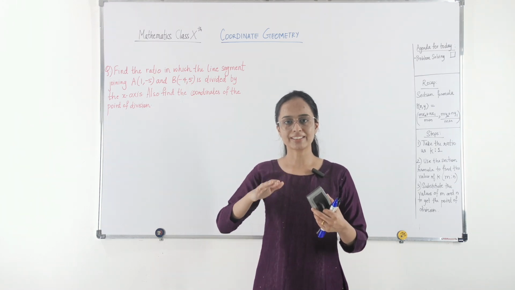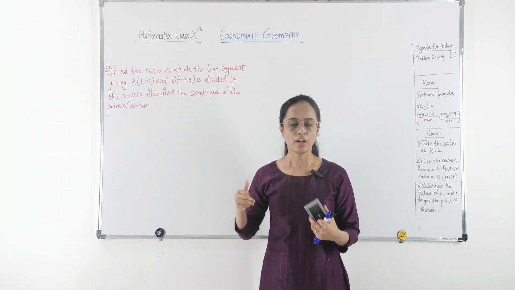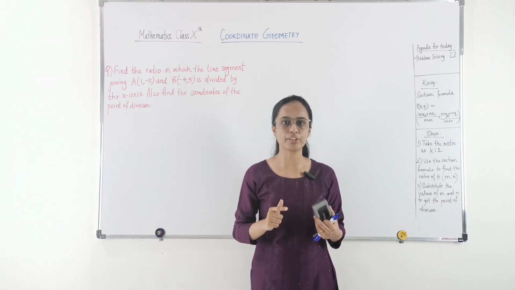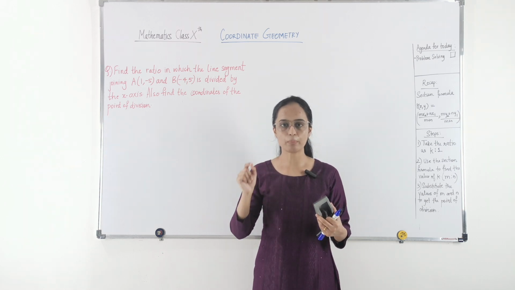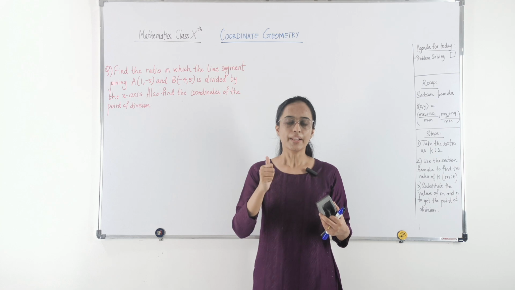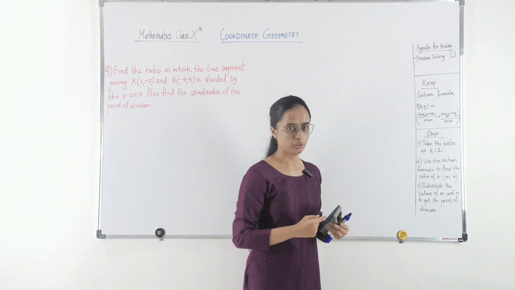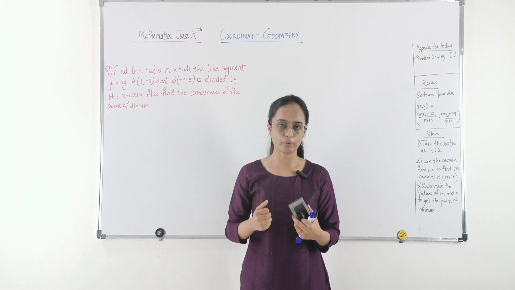So if at all in an exam such a type of question comes wherein you are supposed to find the ratio as well as the point of division, that is the x coordinate and y coordinate of the point of division, then you have to follow the 3-step approach that I have written over here. So what does the 3-step approach include?